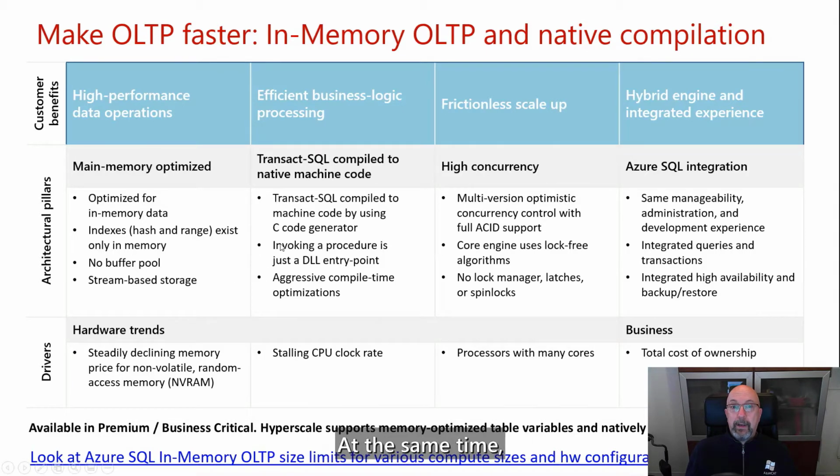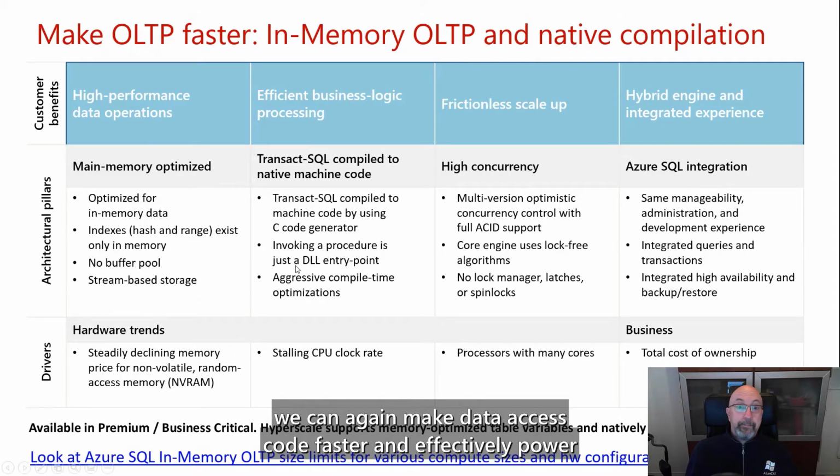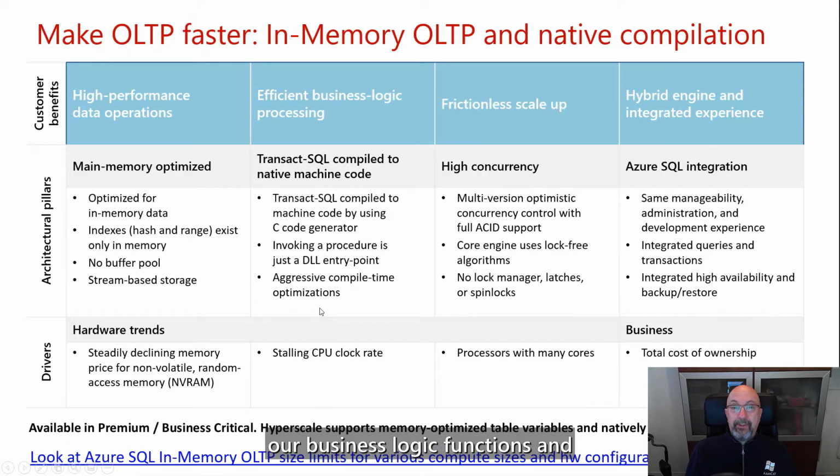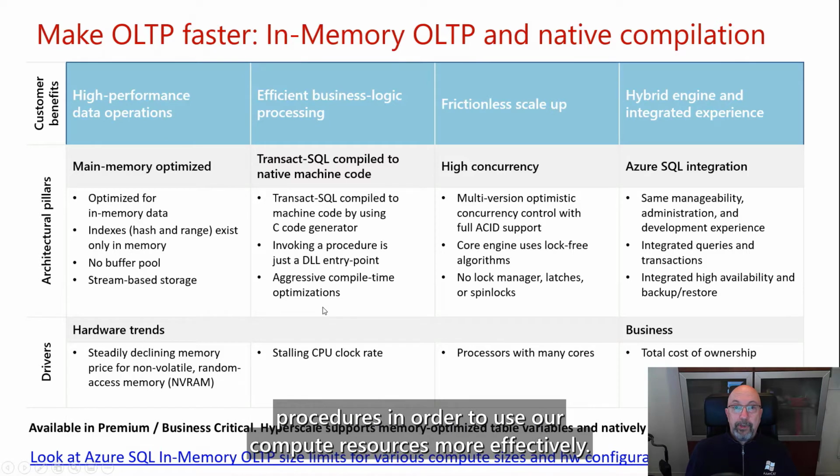At the same time, by compiling our data access code, our T-SQL code, to native machine code, we can make data access code faster and power our business logic functions and procedures in order to use our compute resources more effectively, right?